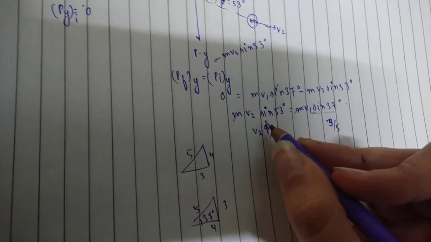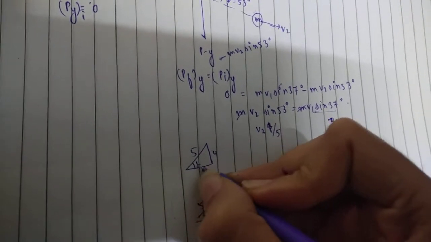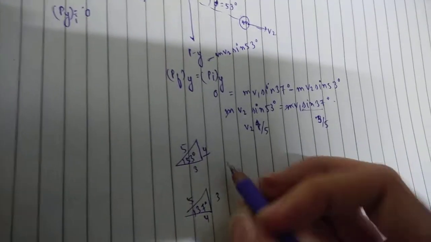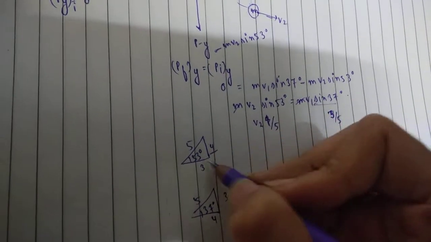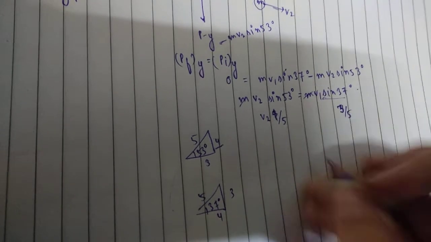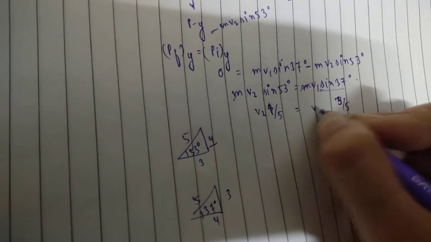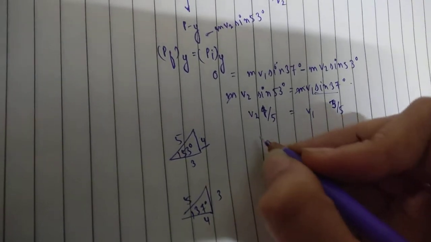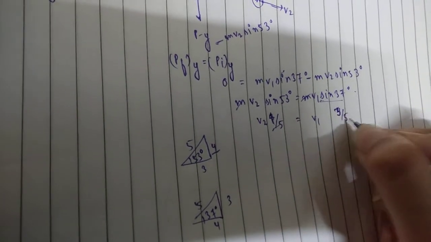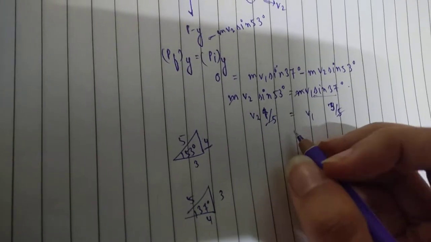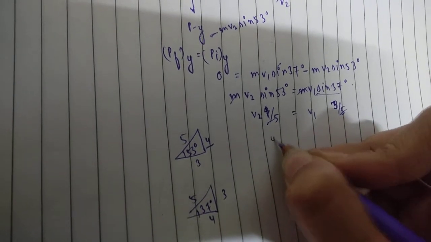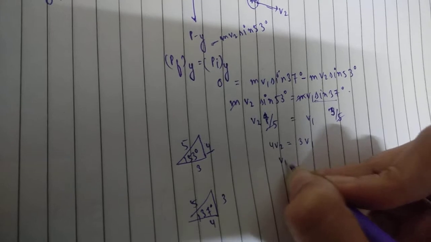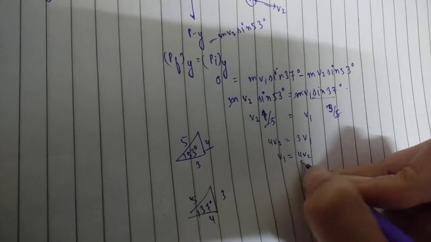And if sine 53 is given, it will be like this, so it will be 4 by 5 and 3 by 5. So from here I can write the velocity. I can cancel 5 and write 4v2 equal to 3v1, so v1 is equal to 4v2 by 3.